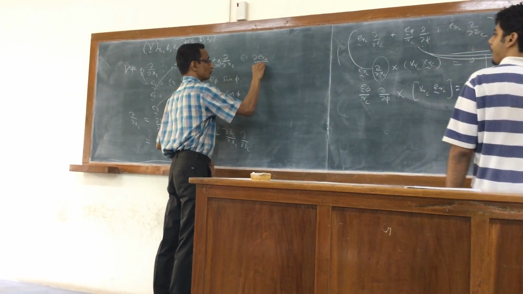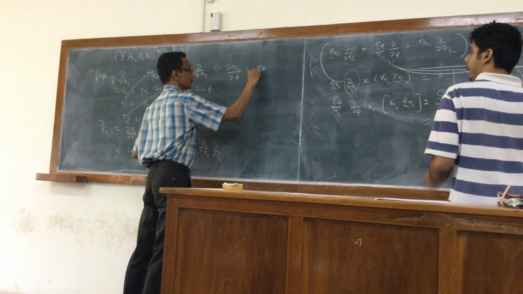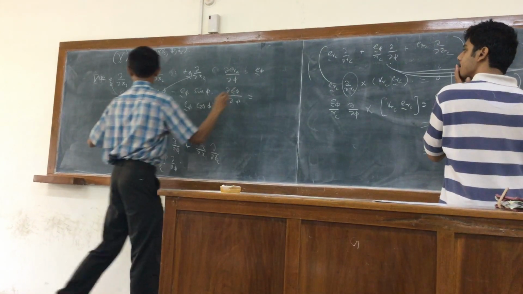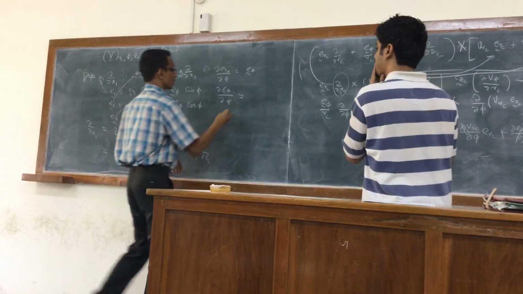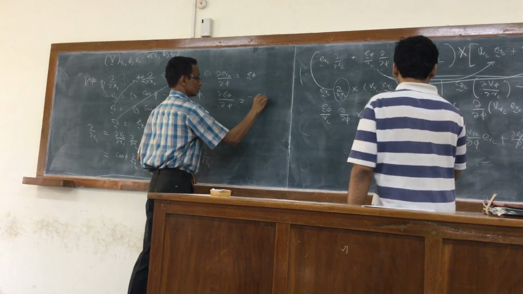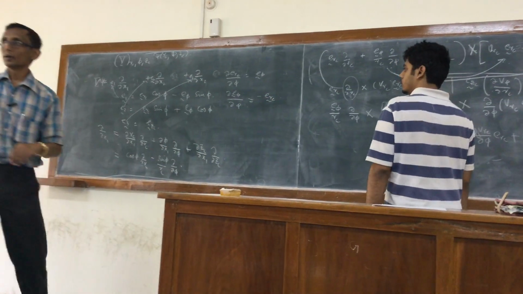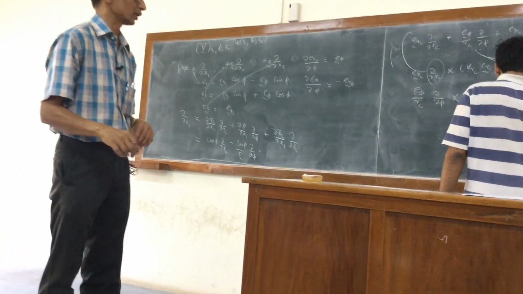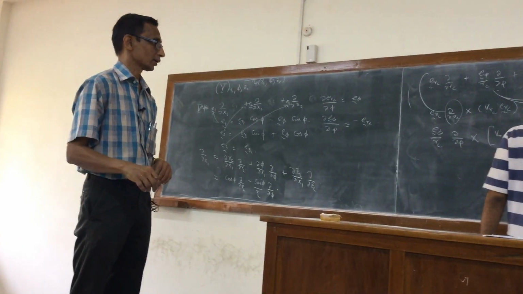DERC by D5 is equal to E5 and DE5 by D5. So that is not 0, but it is E5. So E5 by RC cross product.